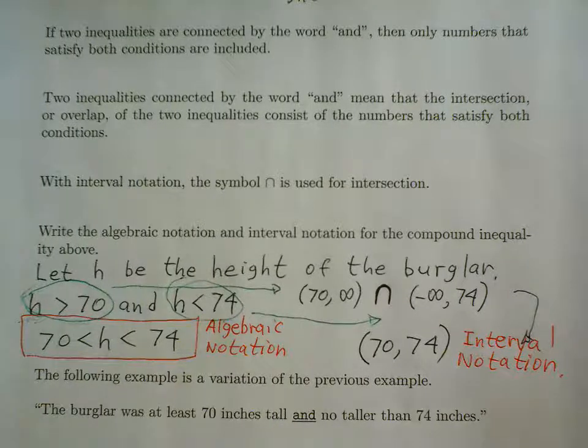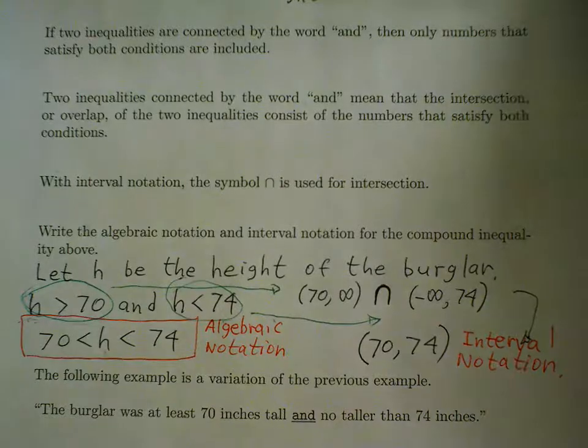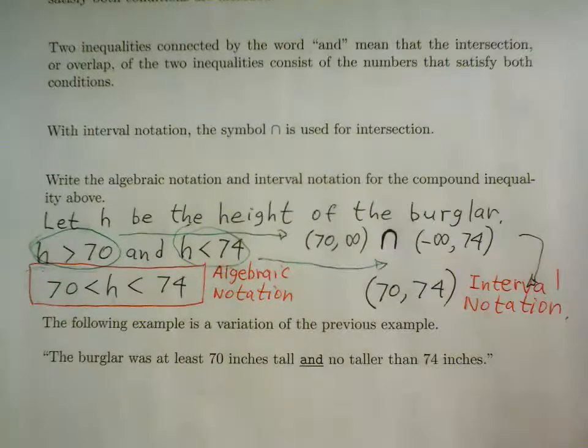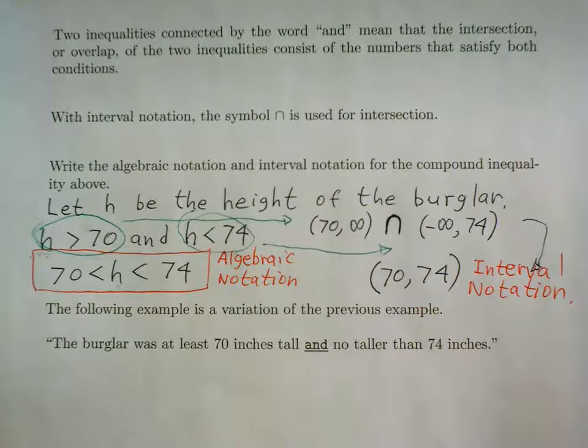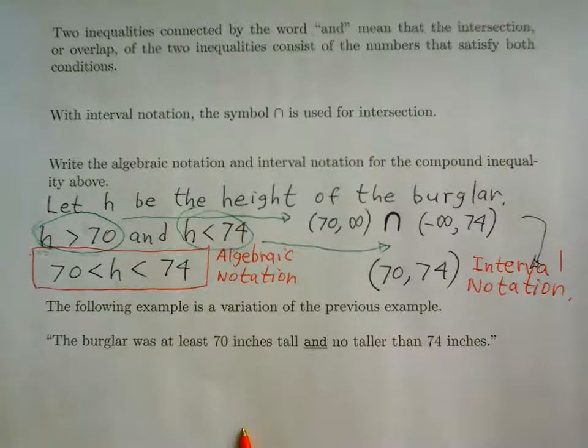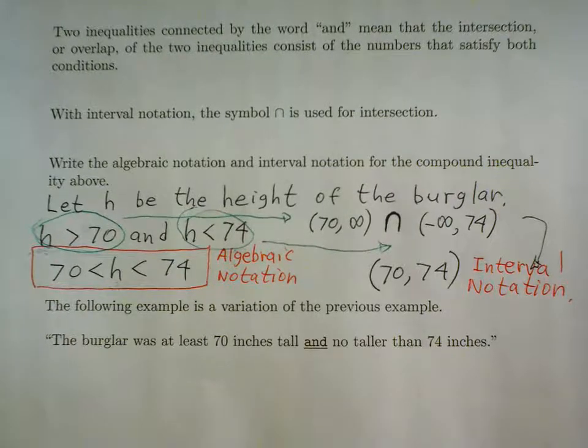Okay, we'll do another example. It's a variation of the one above. This one says the burglar was at least 70 inches tall and no taller than 74 inches.